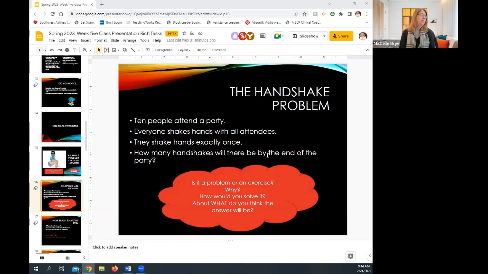So would anyone share, not necessarily their answer, but what you were thinking about? If you think this is a problem or an exercise, or maybe a strategy you would use if you were asked to solve this. You can go ahead and raise your hand. Maybe if there's somebody I haven't heard from today, I'd love to hear from you.